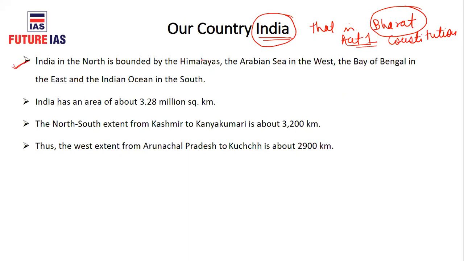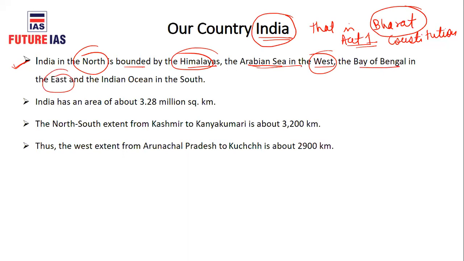As you have seen in the political map of our country, India is bounded by the Himalaya, especially in the north. So in the northern direction you have the Himalaya, you have the Arabian Sea in the west, and you have the Bay of Bengal in the east.